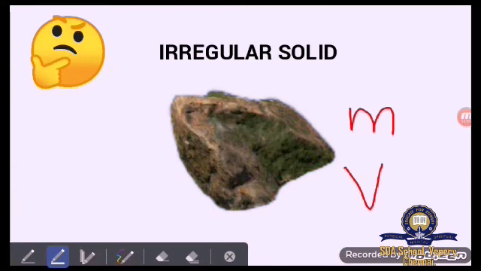We have learned in our previous class also, that is in 7th standard, how to find the volume of irregular solid, right? So we need to measure both of these quantities and substitute in the formula to measure the density of irregular solid. We will see how.